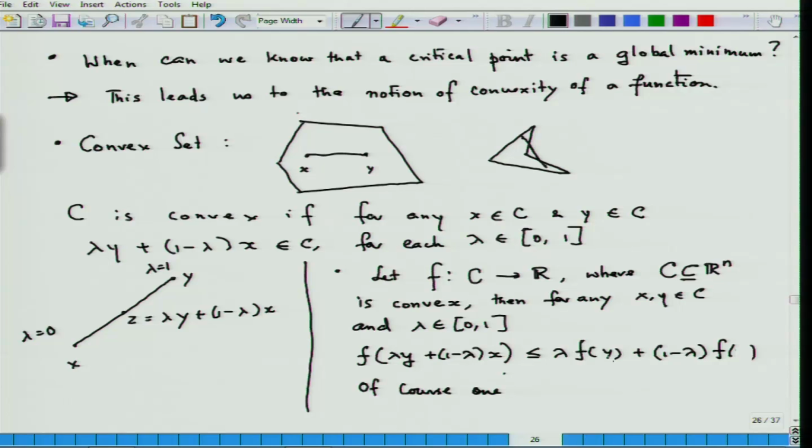See, this function is well defined because the point lambda y plus 1 minus lambda x is in C, because x and y are in C and because of the convexity of the set C itself.